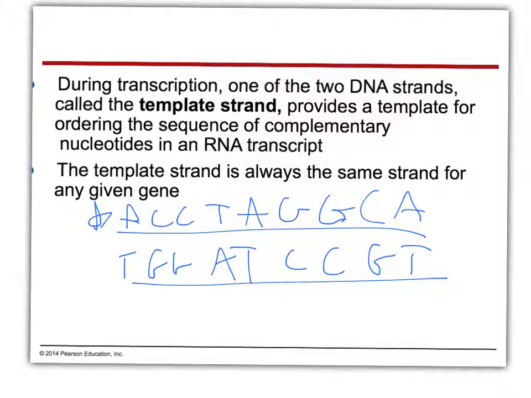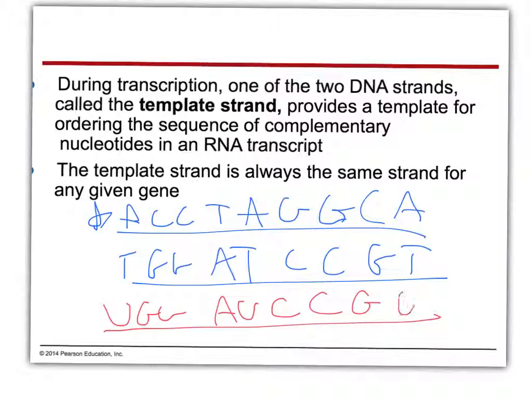Okay. Now, what's the mRNA going to be? U, G, G, A, U, C, C, G, U. What would the mRNA be if I used the non-template strand as a template strand? So we're going to use this one instead of the top one.